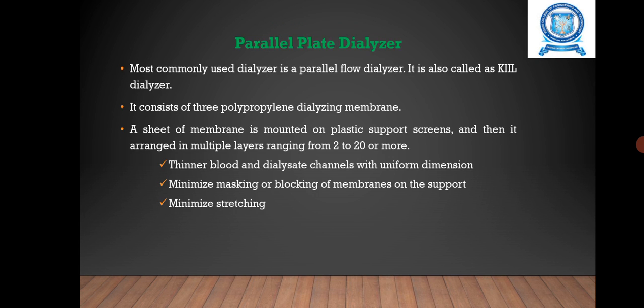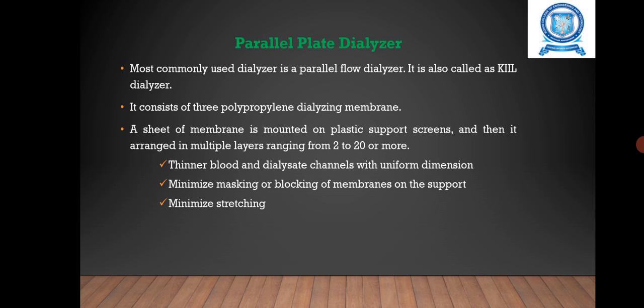Next one is the parallel plate dialyser. The most commonly used dialyser is a parallel flow dialyser, also called a Kiil dialyser. It consists of polypropylene dialysing membrane. Sheets of membrane are mounted on plastic support screens and arranged in multiple layers ranging from 2 to 20.